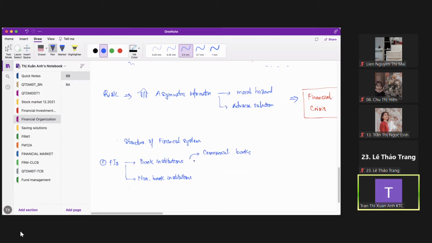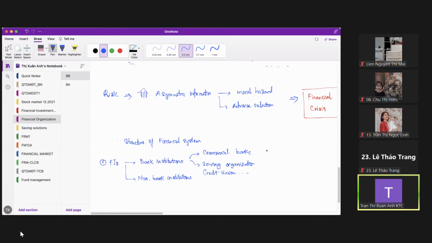Okay, and maybe you can see another kind we call the savings organizations, or something referred to as credit unions, something like that. However, we focus on commerce banks.